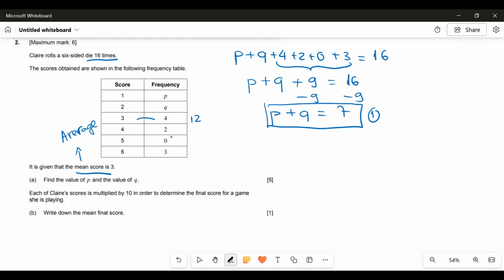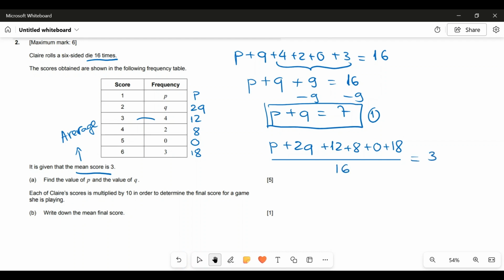I'm going to do the same thing for all of them. 1 times P is P, 2 times Q, 2Q, 4 times 2, 8, 5 times 0, 0, 6 times 3, 18. And the total score is P plus 2Q plus 12 plus 8 plus 0 plus 18. Everything here over 16, the total frequency, and this equals 3.